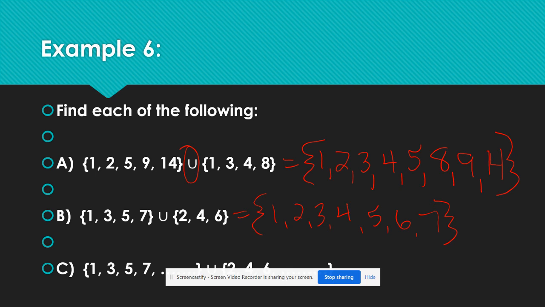And then this last one, we have the odd numbers going on to infinity, the even numbers going on to infinity. So you could write it as 1, 2, 3, 4, 5, 6, 7, and then ... to show that it goes on forever.